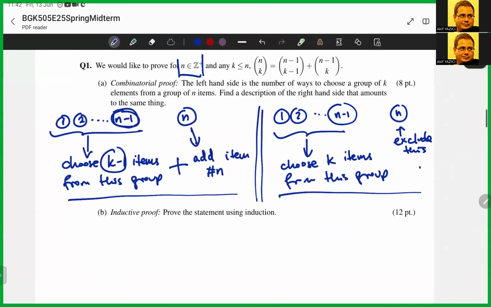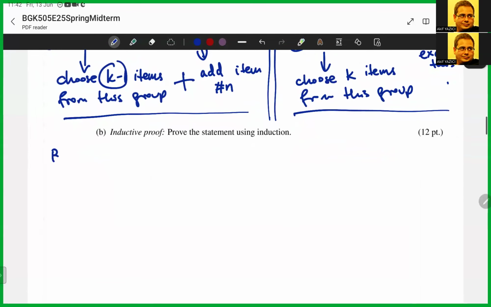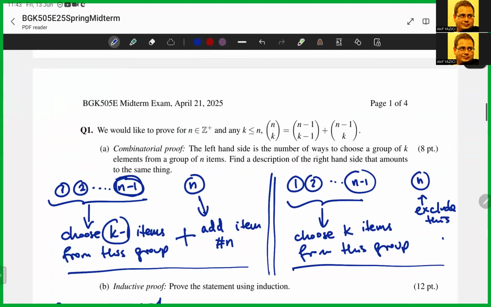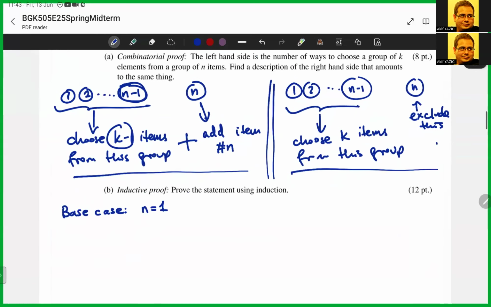So, well, the inductive proof needs a basis, and therefore for the base case, I can set n equals 1. Okay, so n equals 1 is going to be my base case. Why? Because it is given in the question that n should be a positive integer, and for any k less than or equal to n, this should hold.